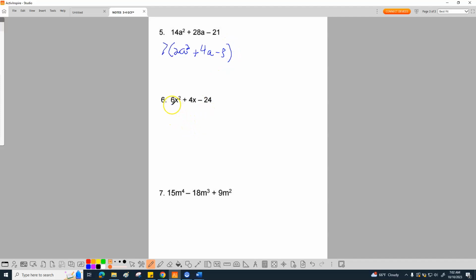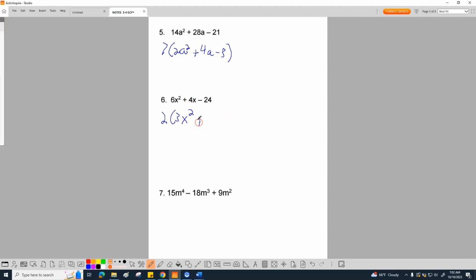Moving on to number 6, I can tell that 2 is going to be the common number that goes into all 3 of these. And then that's it. So I have 3x squared plus 2x. And if you were wondering if you're doing this right, you can check it.